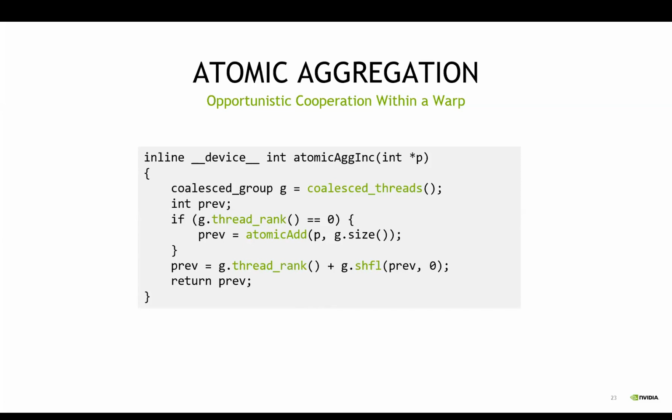There's only one thread that has access to prev. Thread 0 has its own prev. Thread 1 has its own prev. Thread 2 has its own prev. And the only way those values get communicated to other threads is through the shuffle operation.